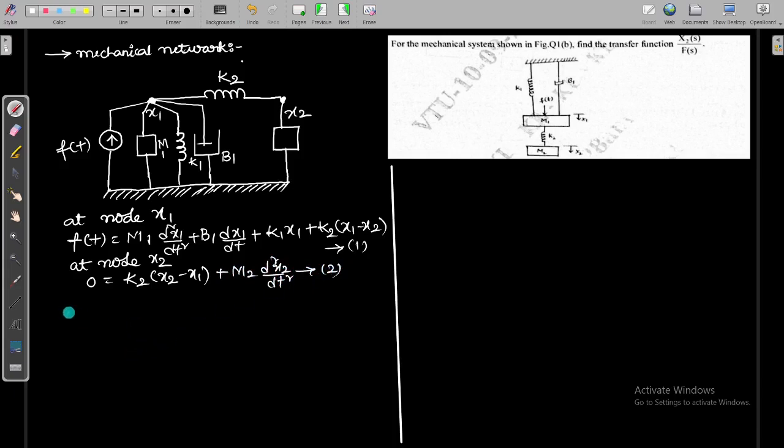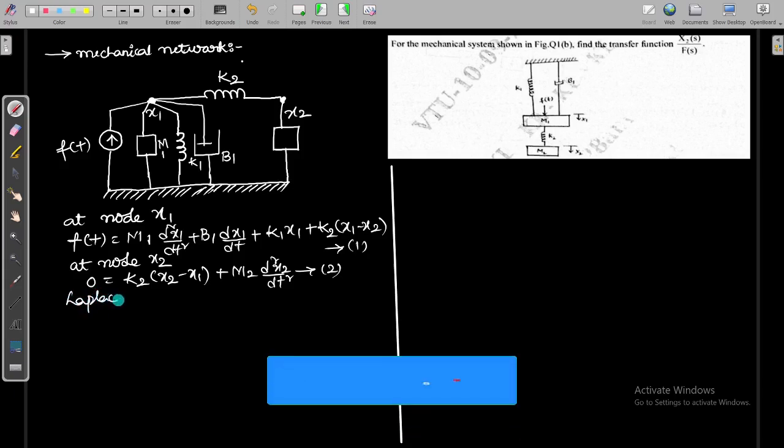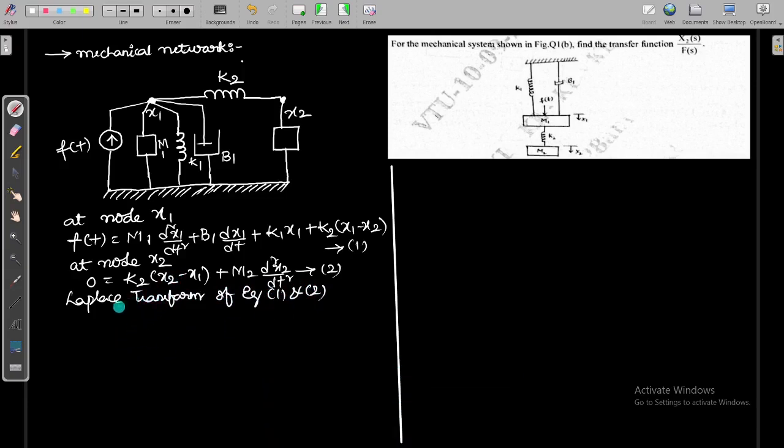The next step is to take the Laplace transform of equations 1 and 2.